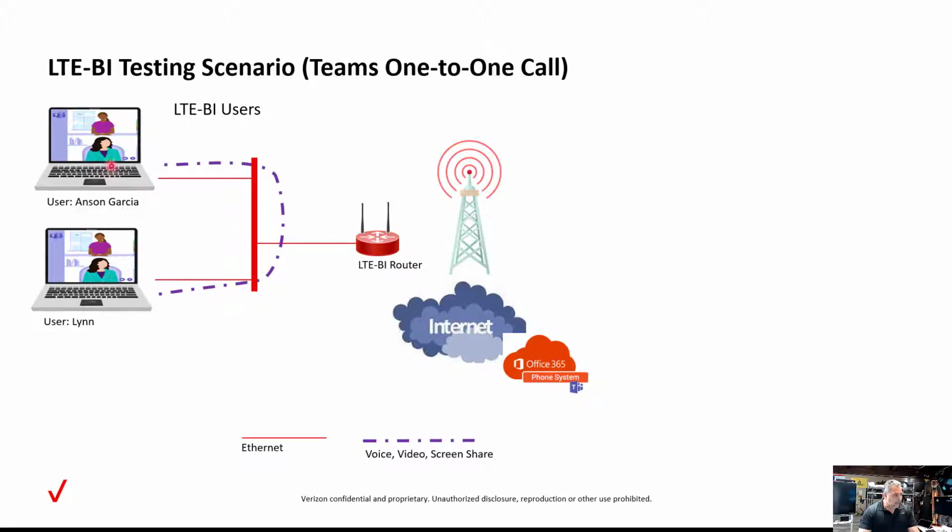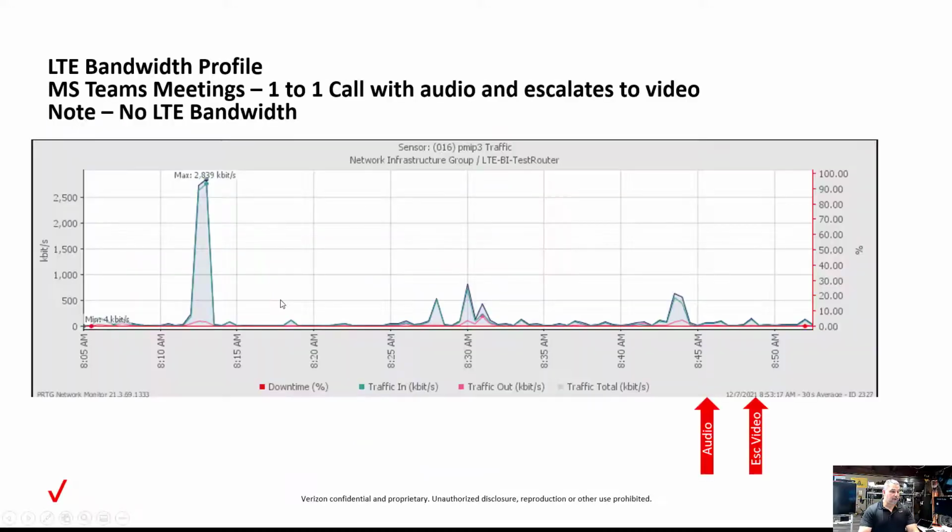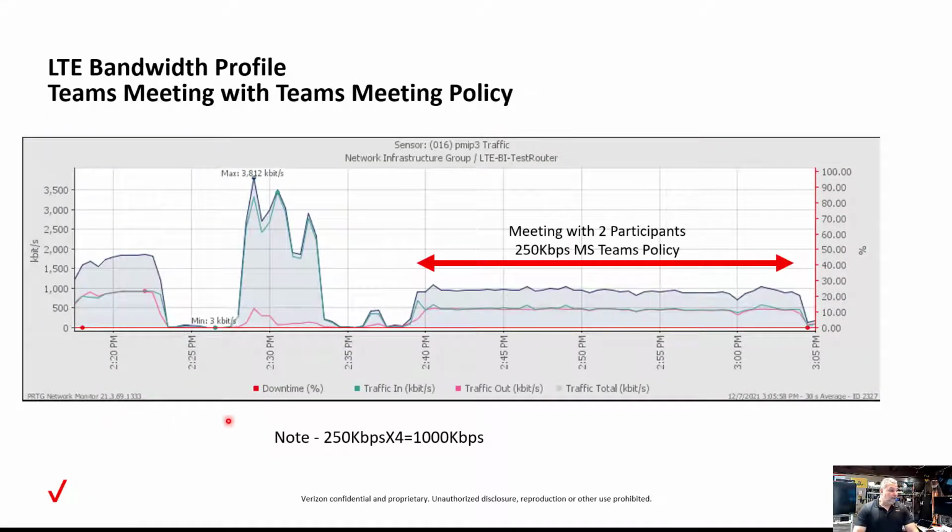Microsoft doesn't do that. When you make one-to-one calls, it's going to go from PC or desktop client to desktop client. Obviously, if you make a one-to-one call outside to another site, that's not going to be the case. But if you have a small office with a few people that call each other, this is going to benefit you. Let's take a look at the bandwidth profile.